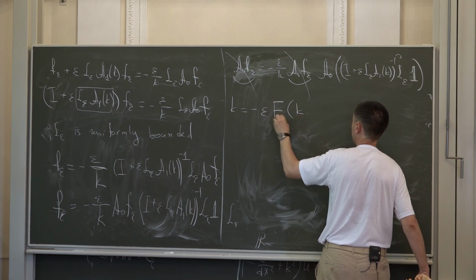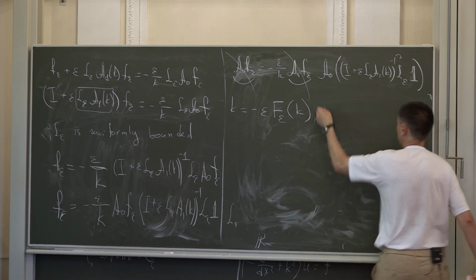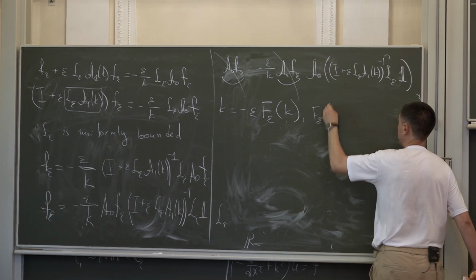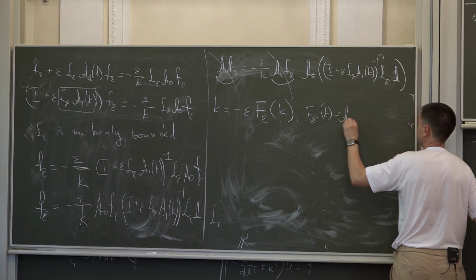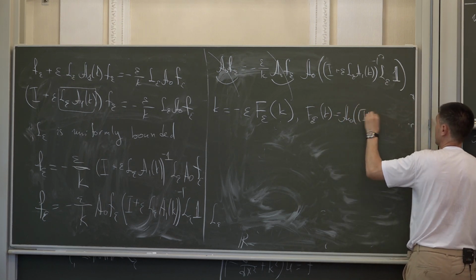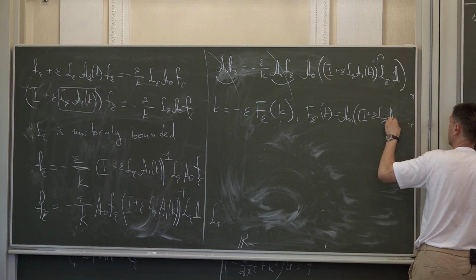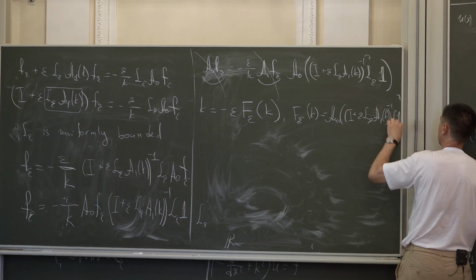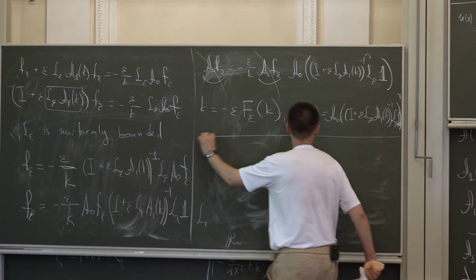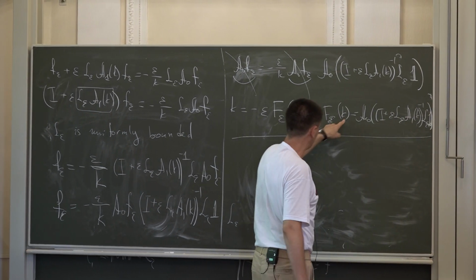So it's f epsilon of k, some function, and this function is exactly this expression. So it's a functional A0 applied to this function. No, it's a function of k.